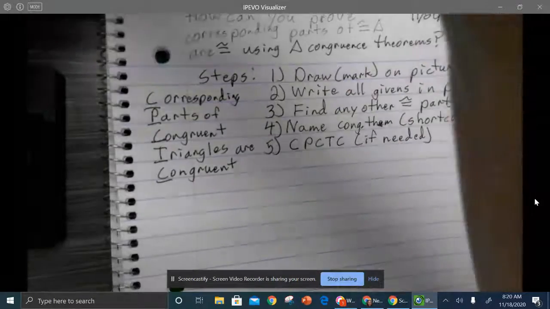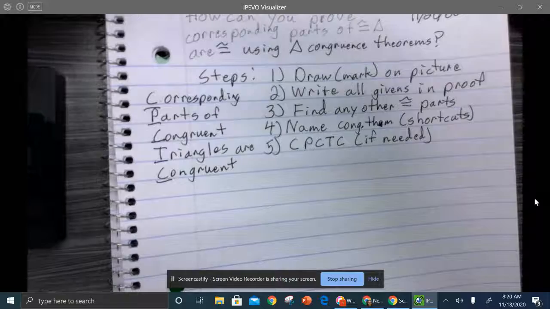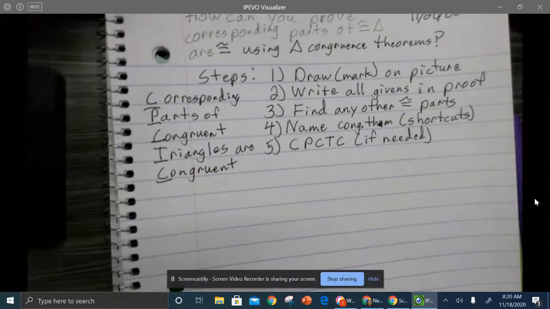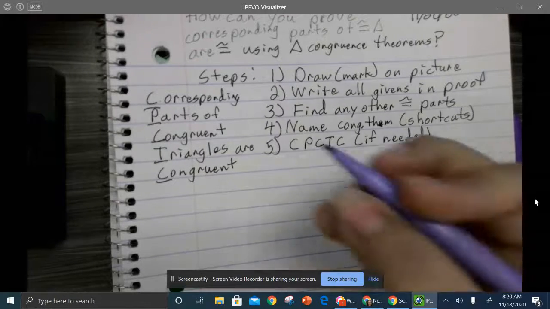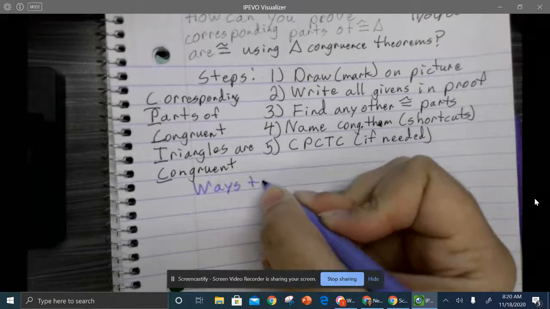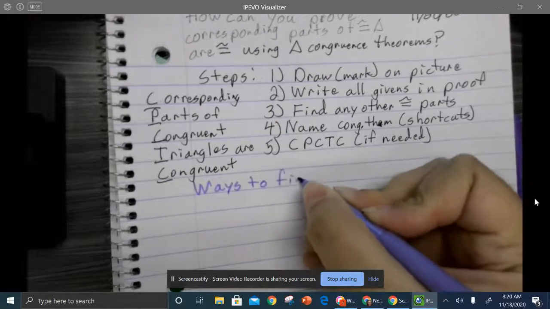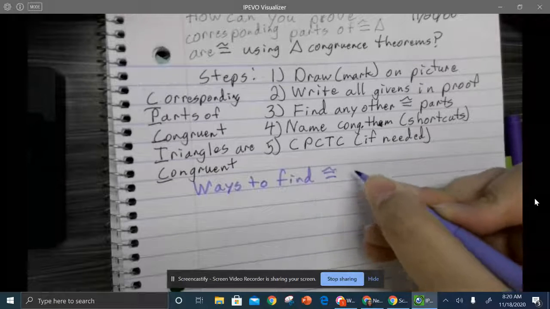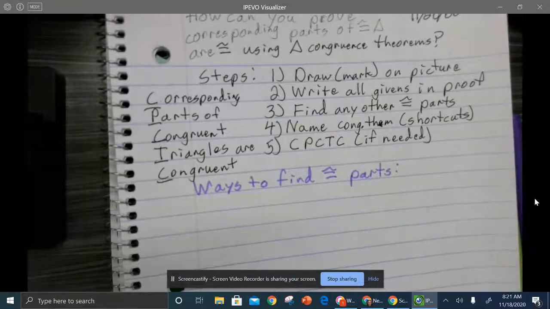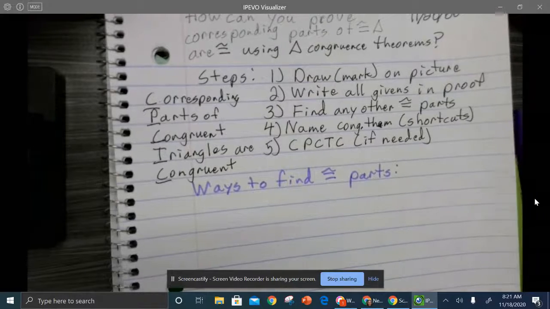Let's review, everybody. Ways to find the congruent parts.